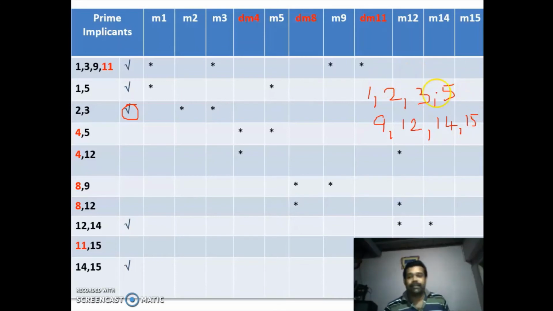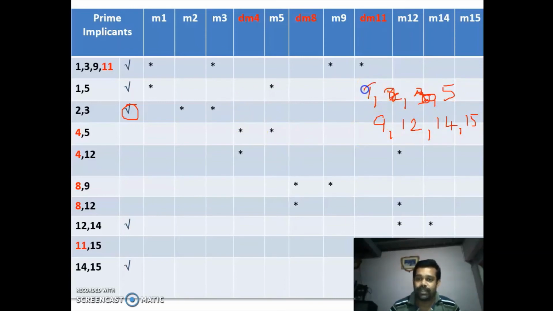These are the min terms given in the question, and this 4, 8, 11 are don't cares. So no need to bother about those don't cares. But these min terms 1, 2, 3, 5, 9, 12, 14 and 15 get grouped. Since we have ticked 2 and 3, no problem for these. The remaining 1, 5, 9, 12, 14 and 15 get grouped.